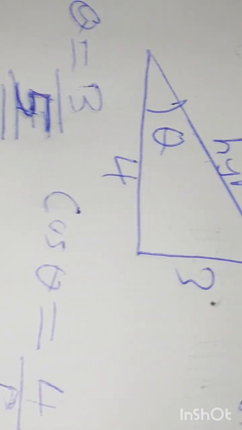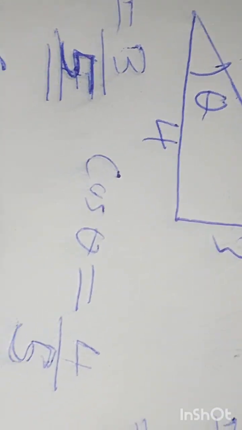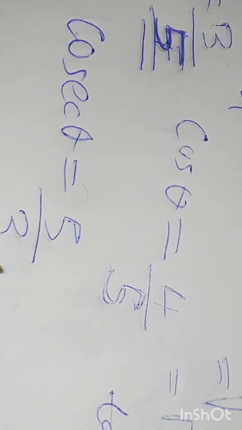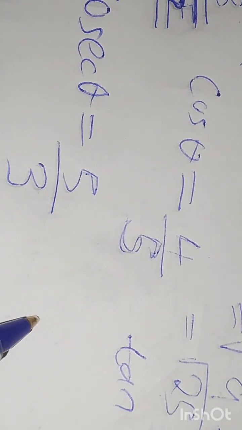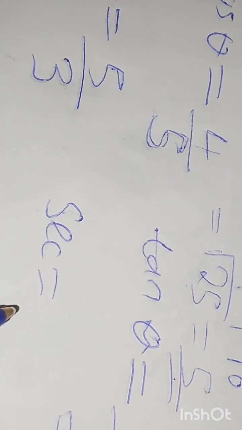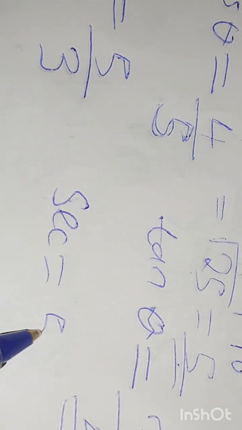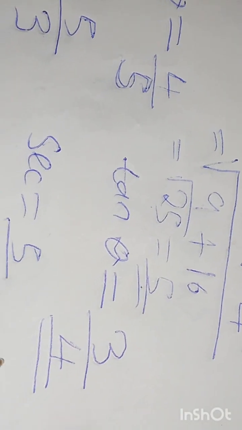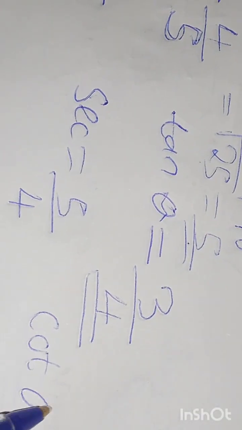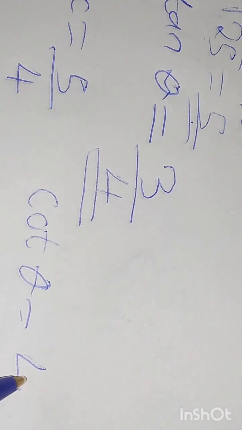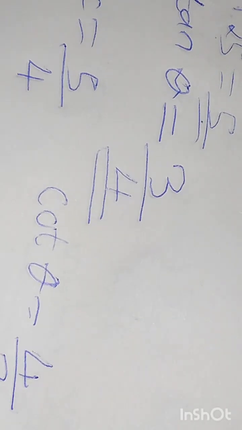Our hypotenuse side is 5 over 3. As you can see, these two have just interchanged. Then sec theta, we said, is hypotenuse over adjacent, so it's 5 over 4. And cot theta is adjacent over opposite, which gives us 4 over 3.